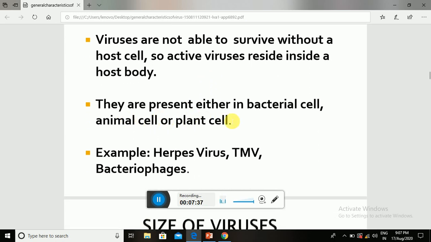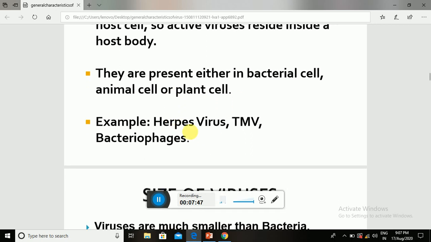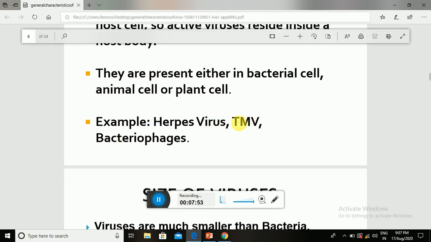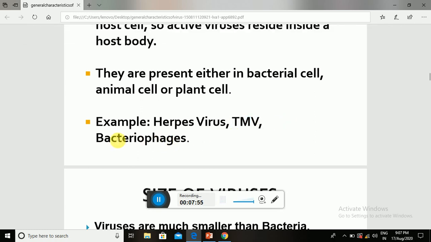They are present either in a bacterial cell, an animal cell, or a plant cell. There are three different types of viruses: bacterial, animal, and plant. Examples are herpes virus, TMV (tobacco mosaic virus), and bacteriophage. Herpes virus is an animal virus, TMV is a plant virus, and bacteriophage is a bacterial virus.